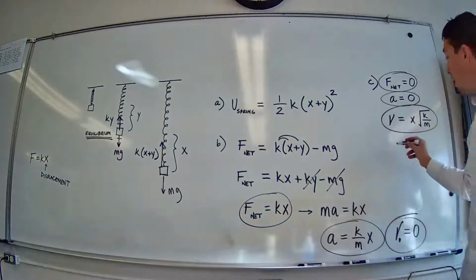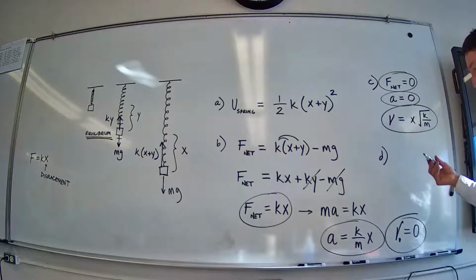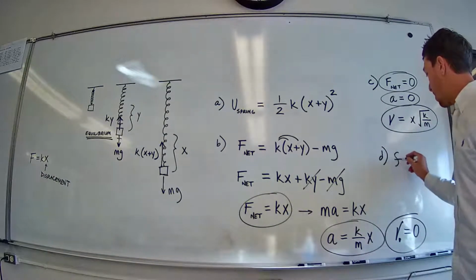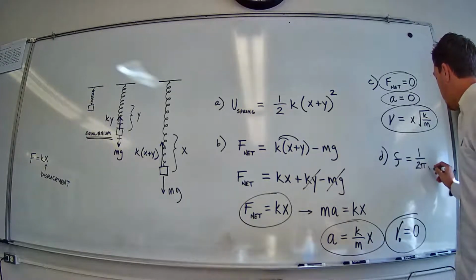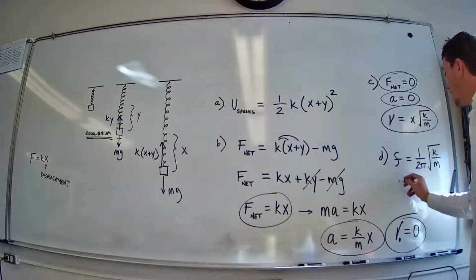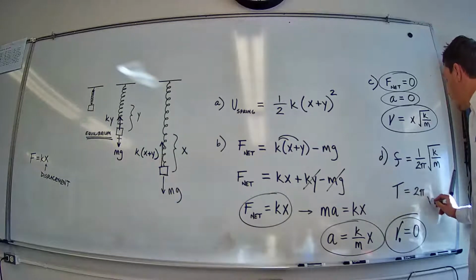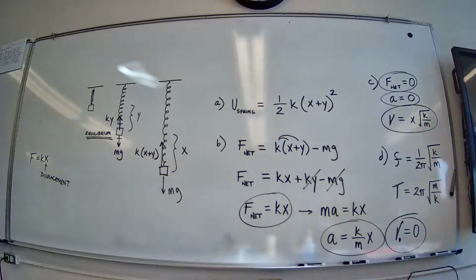Okay, and then for D, same principle as before. I can infer that the frequency is going to be identical, and the period would be identical to the previous one.